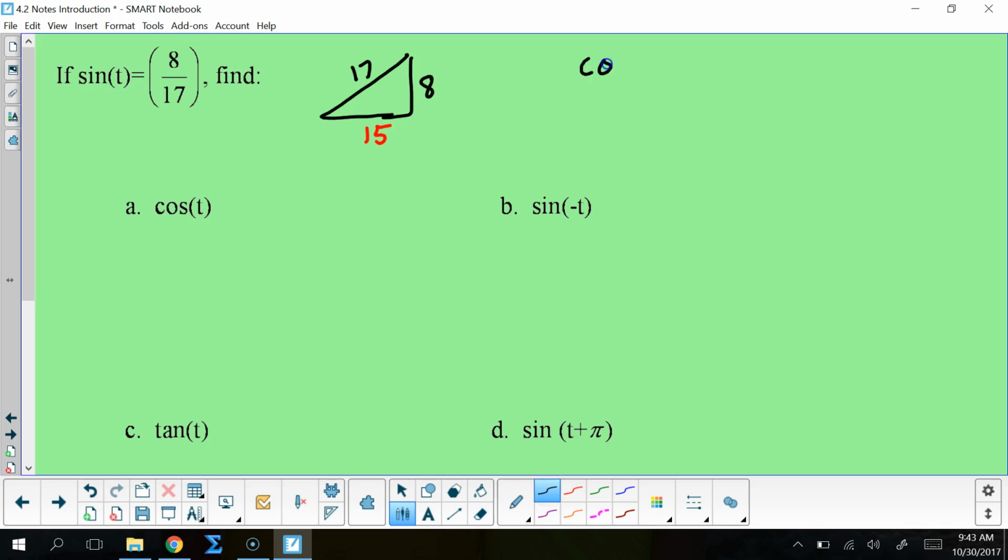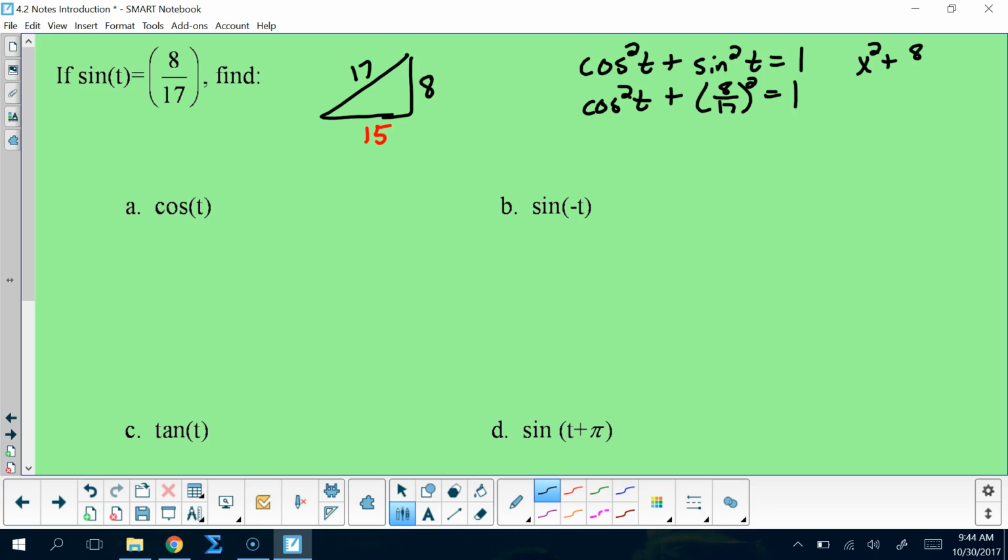And you could say that the cosine squared of t plus the sine squared of t is equal to 1. And since the sine of t is 8 over 17, 8 over 17 squared is 64 over 289. So let's call it x instead.